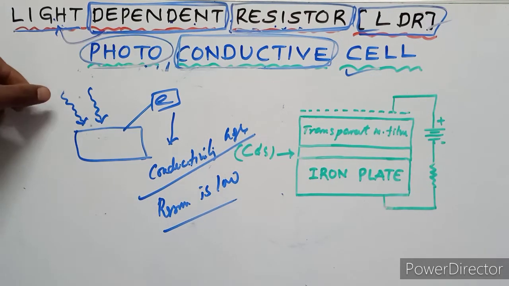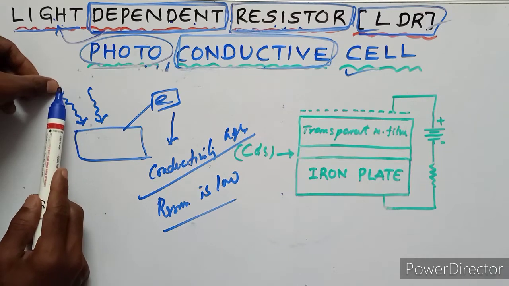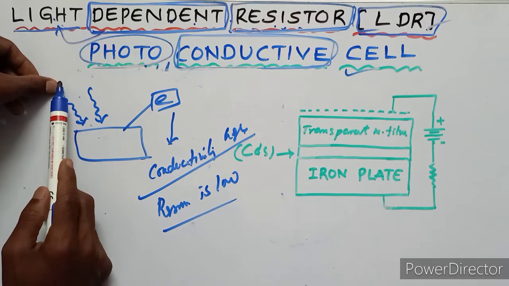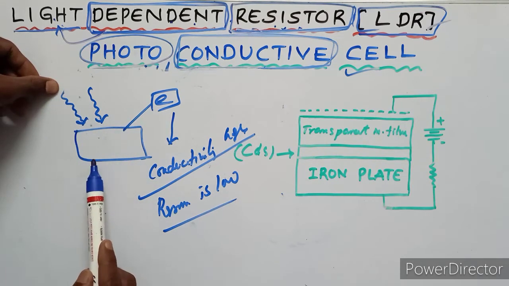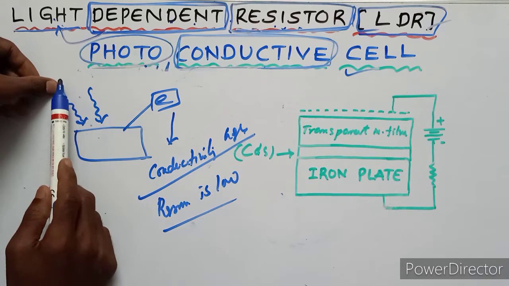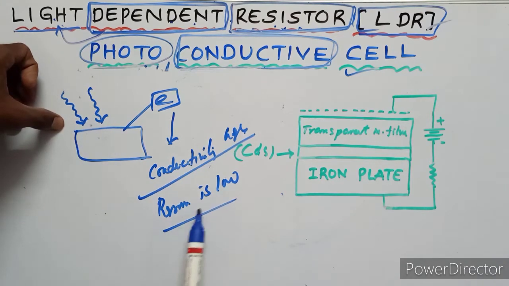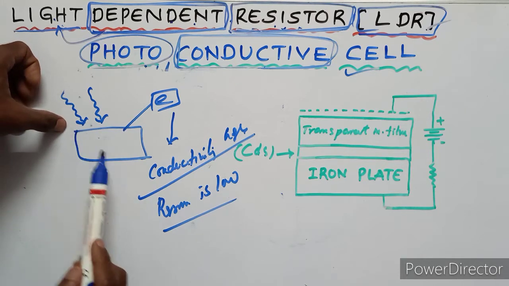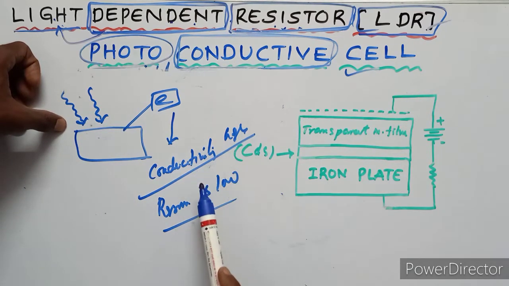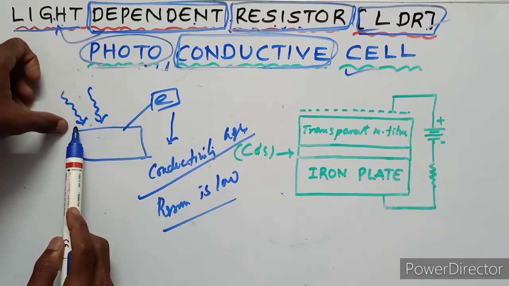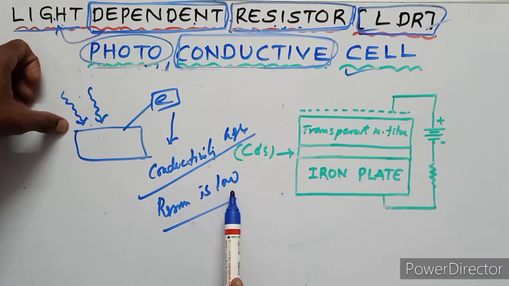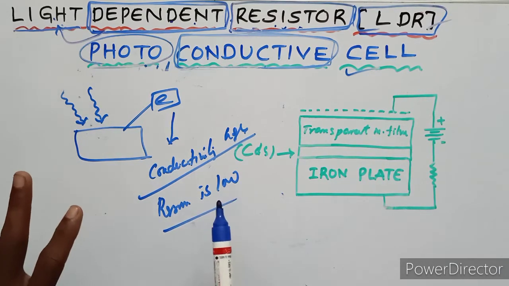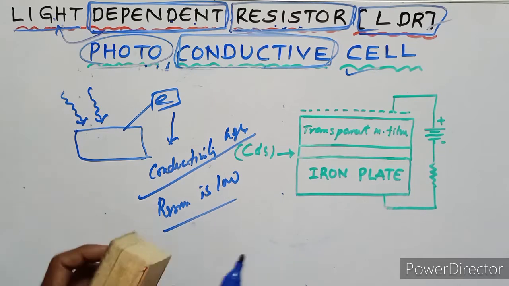In this way, if light is incident on the metal, as the intensity of light increases, the resistance is low. The intensity of light is increasing, the conductivity is increasing. At the same time, the resistance is decreasing. This is the principle.